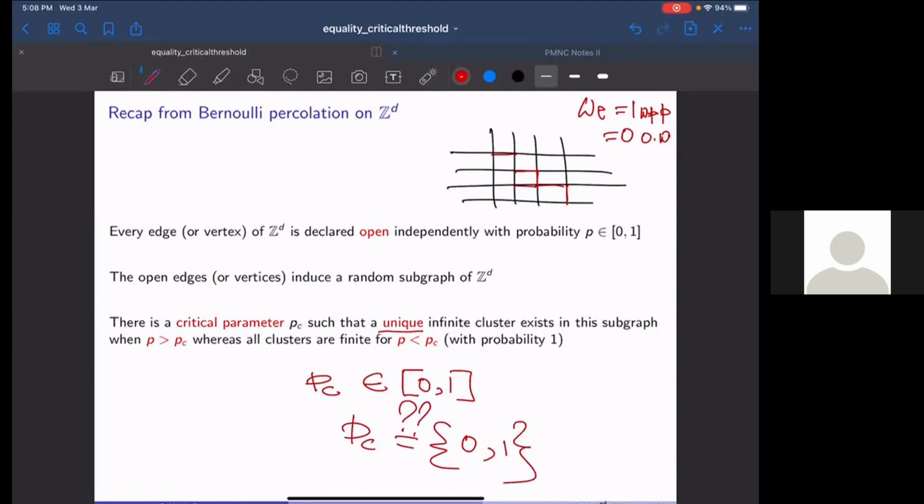If p_c is 0, that means you always percolate, essentially. Of course, at 0 you cannot percolate because you have no edges, and at 1 you definitely percolate because you have the whole graph. But there is no non-trivial value of p at which you don't percolate. The other situation is also not interesting, which is that p_c equals 1, that is, you never percolate.